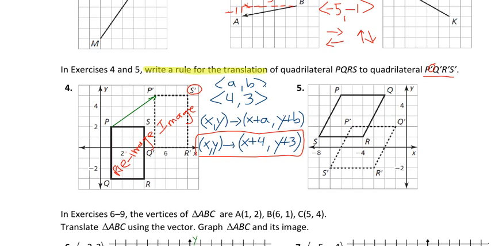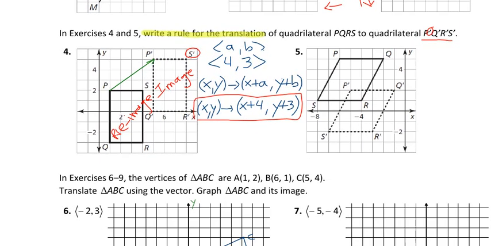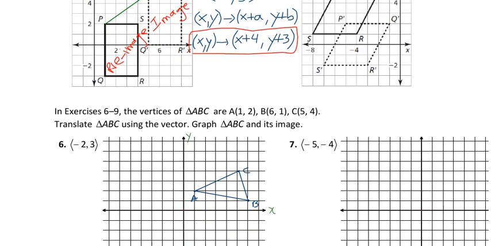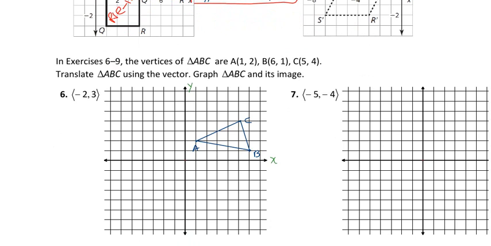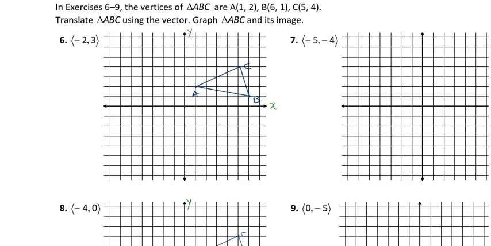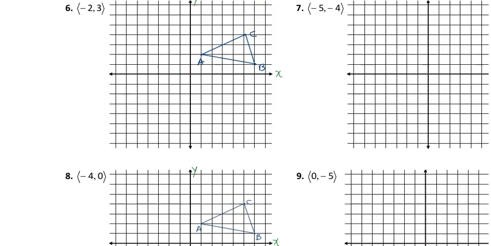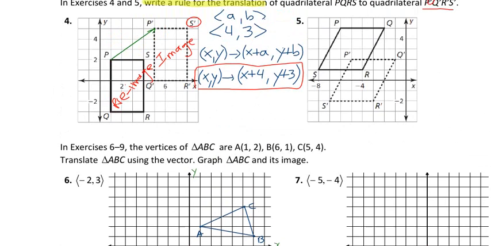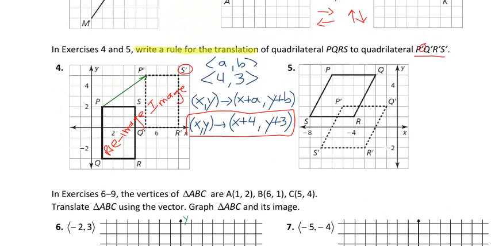And we're now going to exercises 6 through 9. I'm going to do 6 and 8, and I'm going to leave 7 and 9 for you, the same as I'm leaving number 5 for you here.